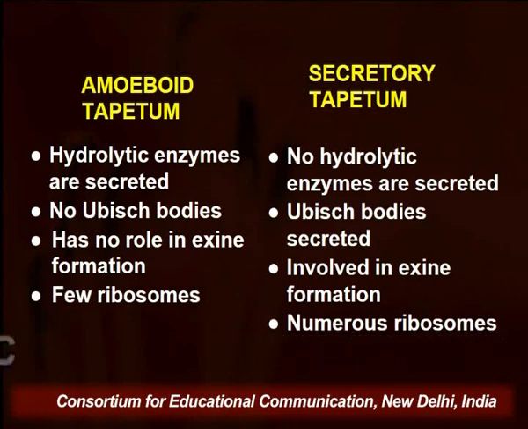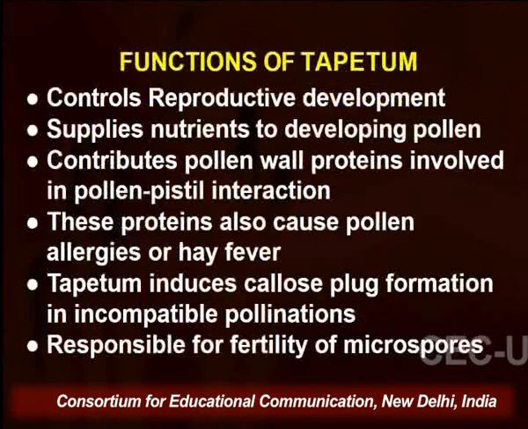These Ubisch bodies are involved in the exine formation of the pollen grains, so the amoeboid tapetum has no role in exine formation. The number of ribosomes is very few in amoeboid tapetum, whereas it is very large in secretory tapetum.